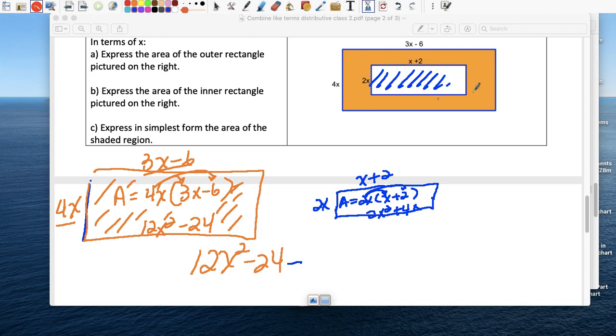So I had the orange rectangle, and then I'm going to cut this area out. And I'm going to remove, so minus, and I'm going to put in parentheses because we're subtracting something that has two terms, minus 2x squared plus 4x, which is this guy right here. That's what 2x squared plus 4x represents. So how much do I have left over?